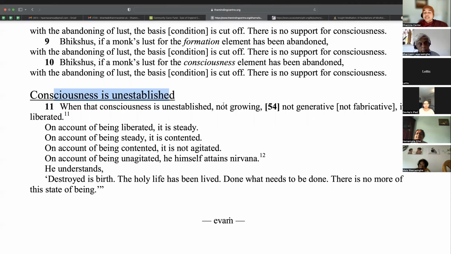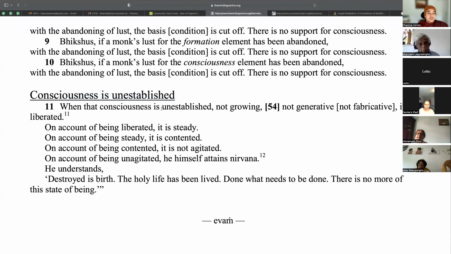Consciousness is unestablished. When that consciousness is unestablished, not growing, not generating, now you're not feeding hay into the fire anymore. It is liberated. When you are not the rope by which you pull, the rope is missing.